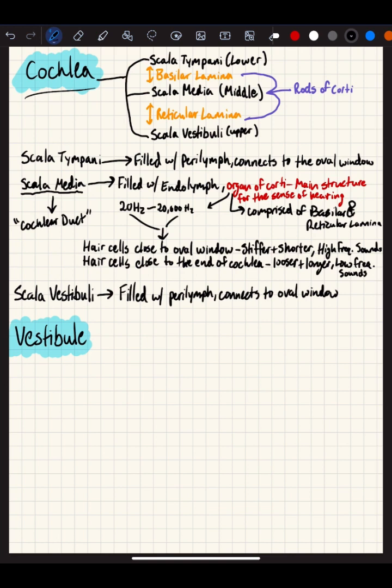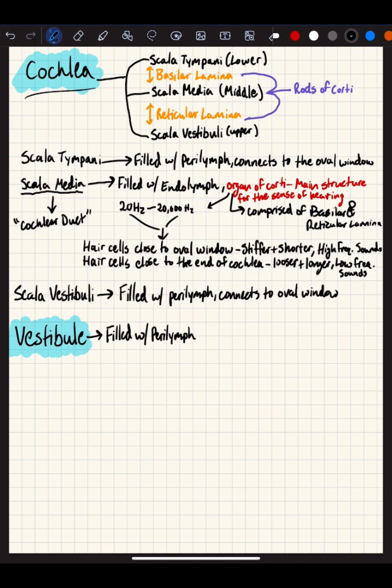Now, the vestibule itself, from a macro standpoint, is going to be filled with perilymph, the fluid based off of the bony labyrinth. I'm going to keep repeating that, even though it's redundant, so it sticks in your head and my head too, because this is for my studying as well as yours.